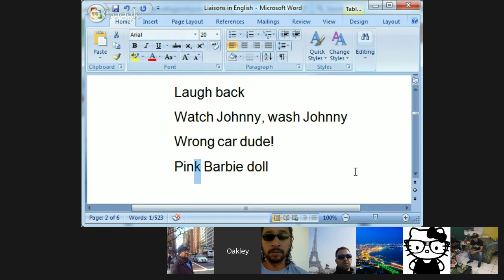It's like I'm pronouncing half of the K sound. Pink Barbie doll. Pink. It's almost there, but not quite. I don't drop my tongue. I never drop it because I'm moving my lips to shut my lips for this B sound.